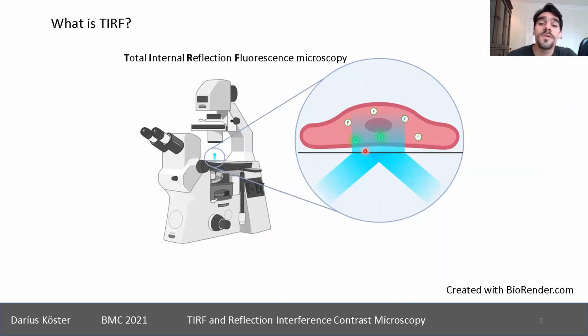In the following slides, we will discuss how this comes about, how it is realized, and how we can limit the signal to only a thin layer of about 150 nanometers to excite and detect fluorophores. And of course, it's not limited to cells; you can use it for many other questions as well.